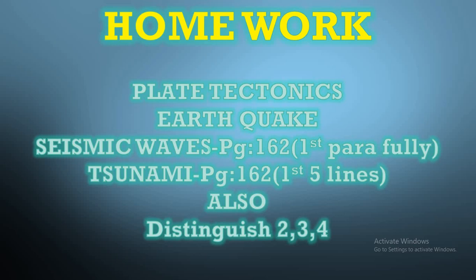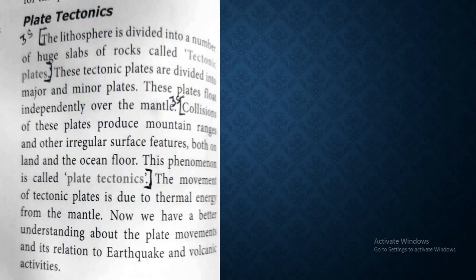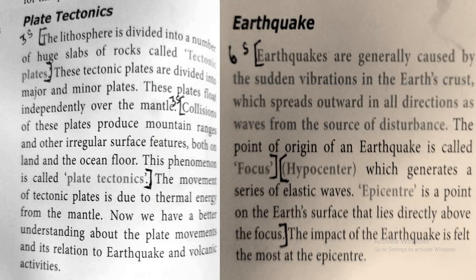Not only with this short answer, we have 3 distinguish: second, third and fourth distinguish. We'll look into the answer. You can mark like this: plate tectonics and the earthquake. One of the distinguish has been given here with the hypocenter and epicenter. Write only that for the distinguish.